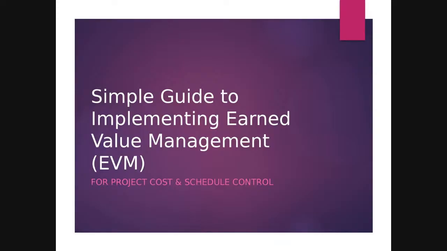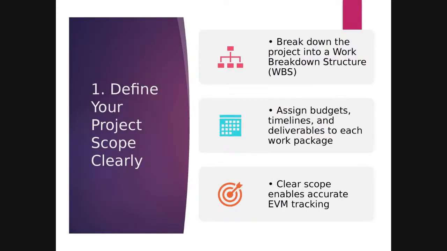That's right. You actually need to get into tasks in some instances, depending on your bandwidth and your level of control. So, if I was to give you a very simple guide to implementing earned value, it would have to start off with a very clear scope. So, you got to break down the project into a WBS. You got to assign budgets, timelines, deliverables. Your scope has got to be clear.